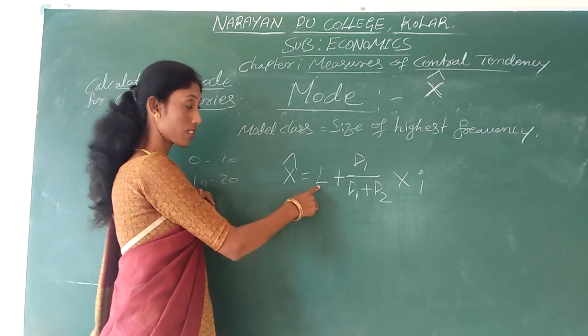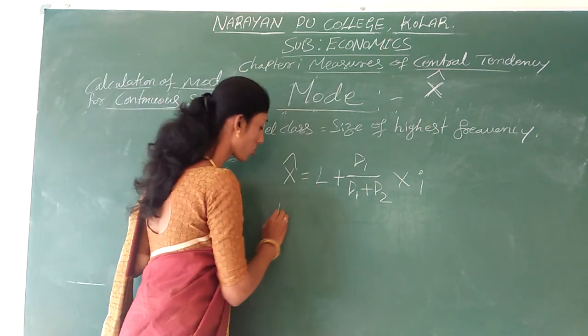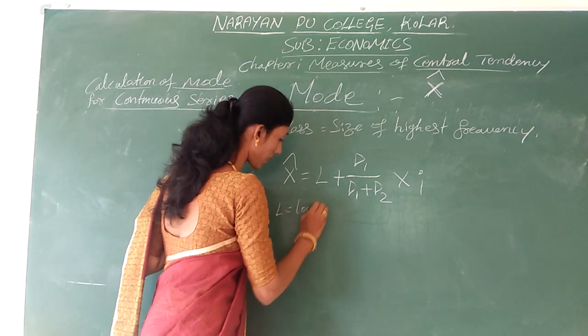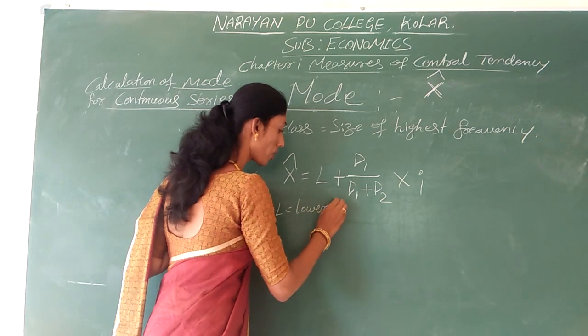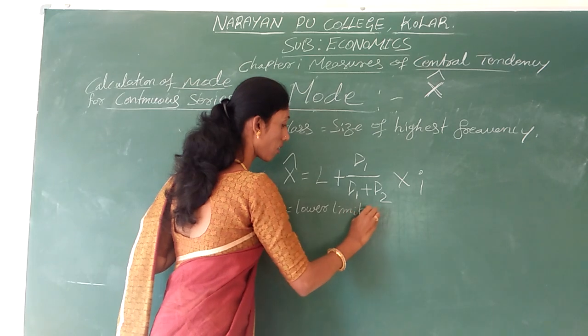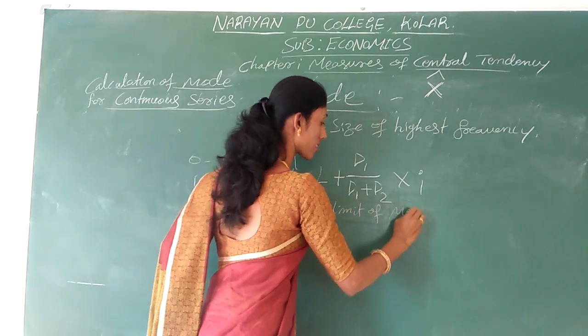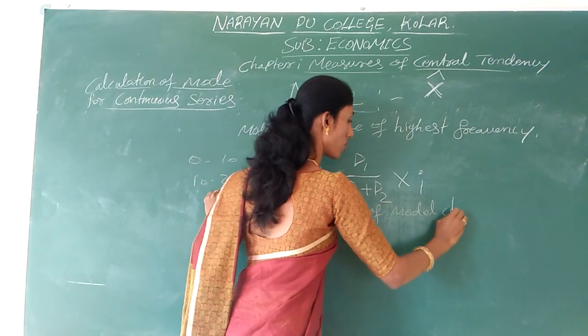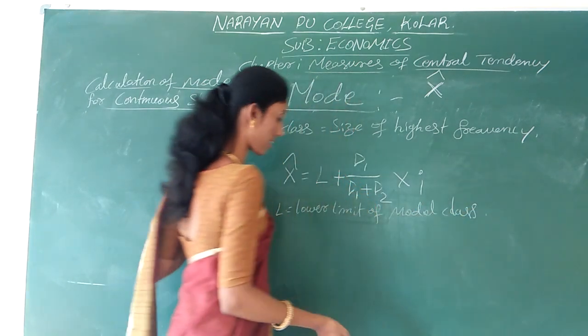Here, in this formula, L refers to the lower limit of the mode class.